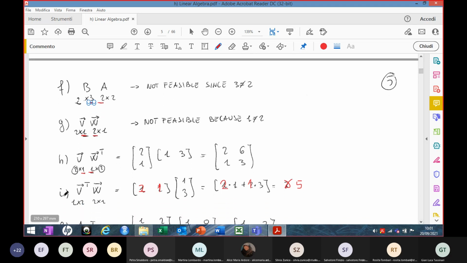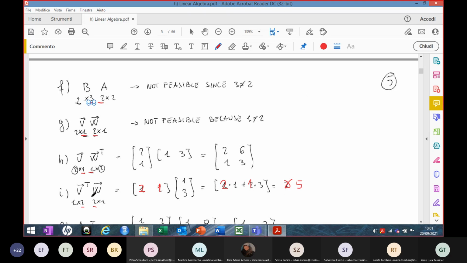Is the product V transpose times W feasible? Well, V was 2 times 1, so V transpose is a row vector, 1 times 2. W is a column vector, 2 times 1. This number and this number are equal, so the product is feasible, and the result will be a matrix of dimension 1 times 1, a scalar.